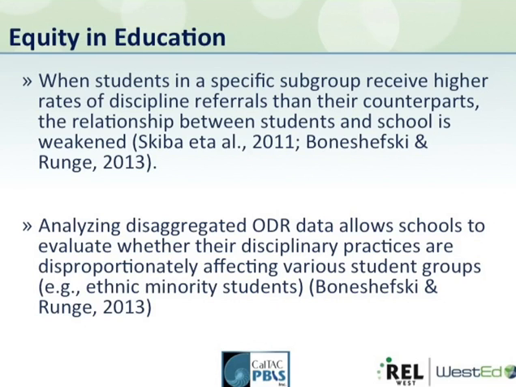Overrepresentation of minority students in a school's discipline data may indicate that a school's current systems and practices are really not meeting the needs of all of the minority students. So such an analysis really assists school teams as they assess and modify their current systems and practices so that they can better support all of their students.